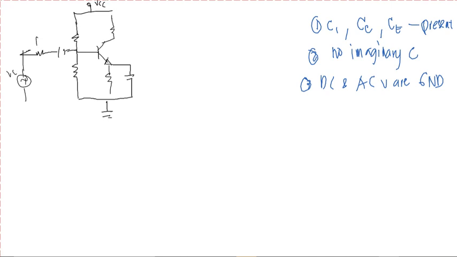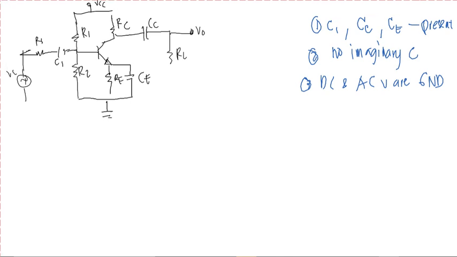This is VI, this is RS, this is C1, this is R1, this is R2, this is RC, this is RE, this is CE, and you have your coupling capacitor CC, and this is your RL, this is your VO. Okay, that is our circuit.